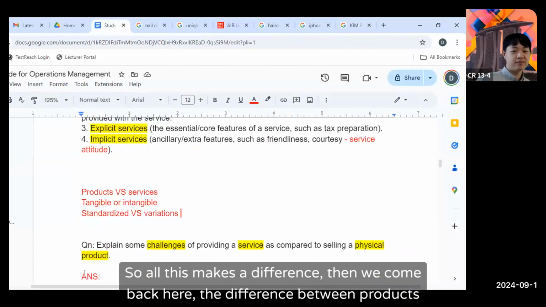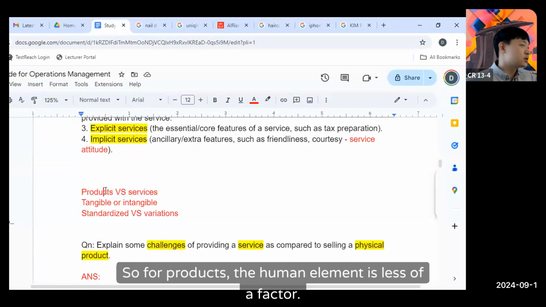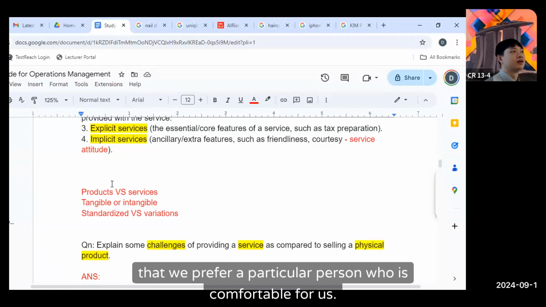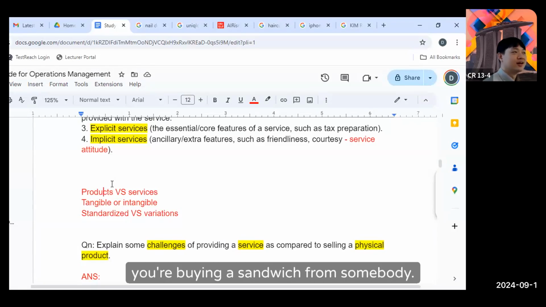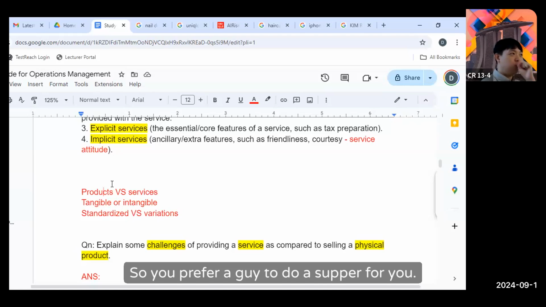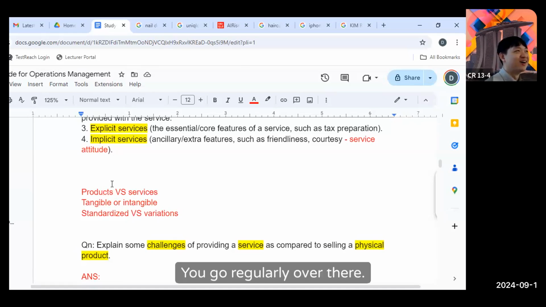Then we come back here to the difference between products and services. For products, the human element is less of a factor. It is repeatable, so we prefer a particular person who's comfortable for us. Suppose you're buying a sandwich from Subway. You prefer a guy to do a sub for you and you go regularly there.